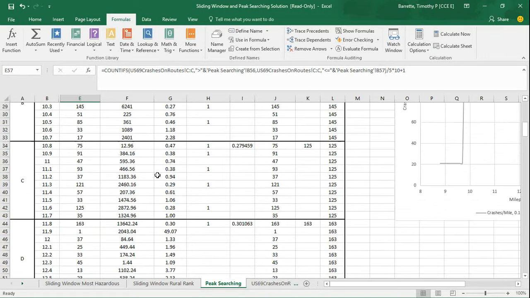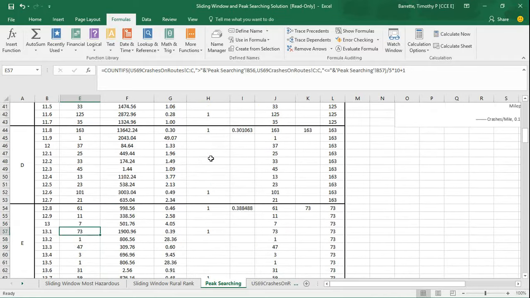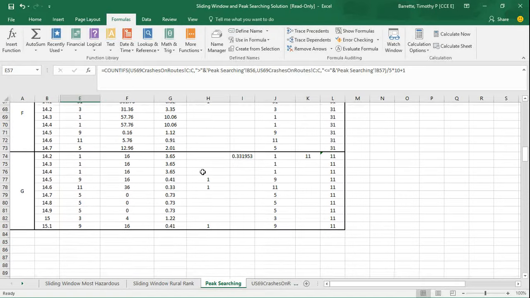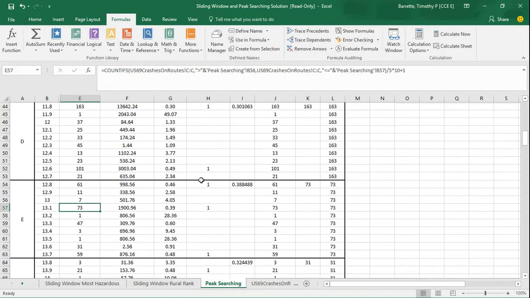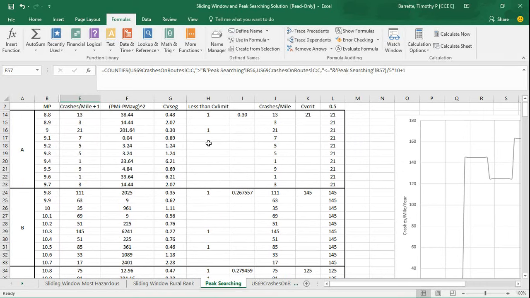And that's true for all of the cases here. One thing we also notice is that for all of our segments, we have at least one subsection that meets our coefficient of variation criteria. So we don't have to increase the size of any of the subsections for any of the segments.